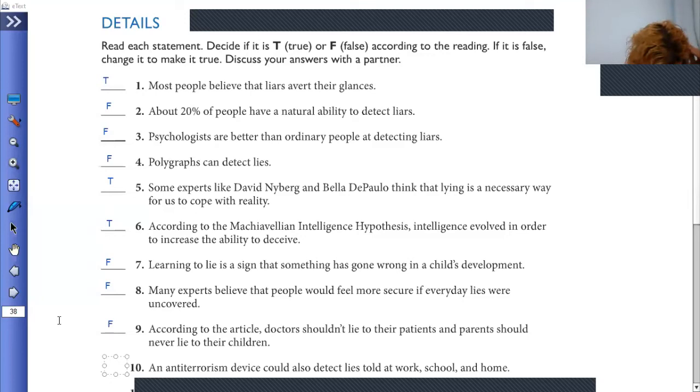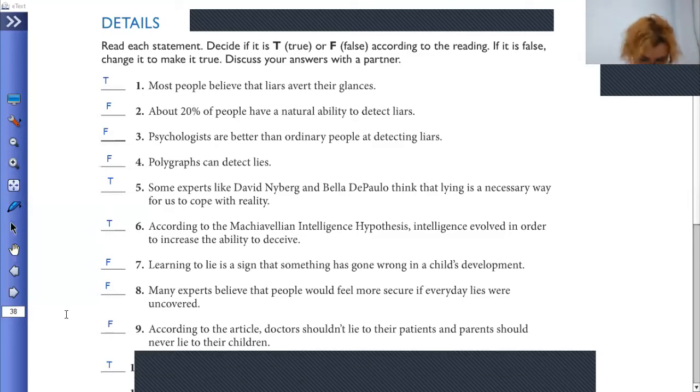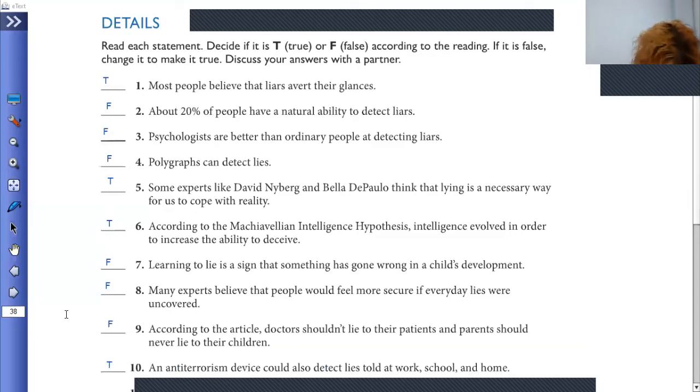I don't find it. Okay, it's actually true. And then we go to the last one, 11.